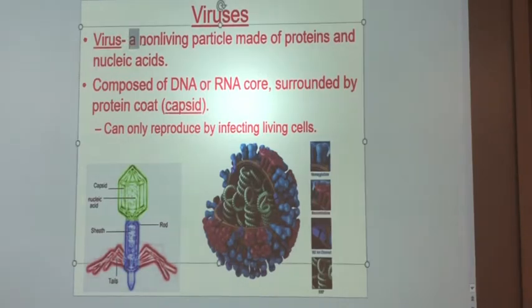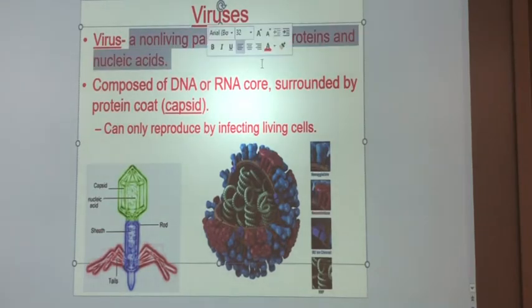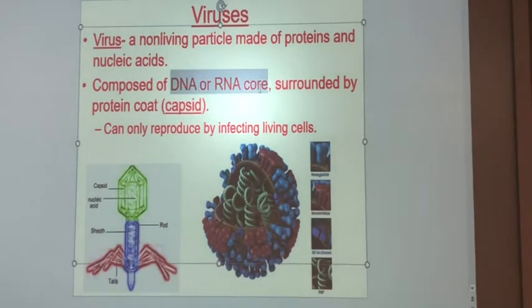We've got a non-living particle made of proteins and nucleic acids. And notice the viruses will have genetic material. That genetic material could be DNA or it could be RNA.